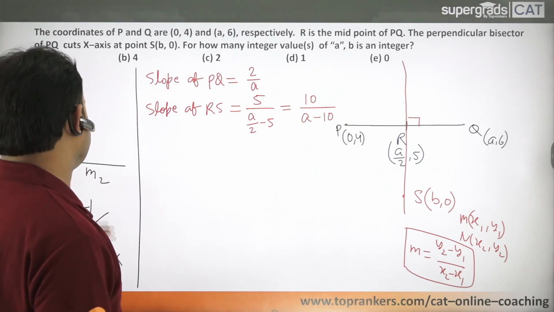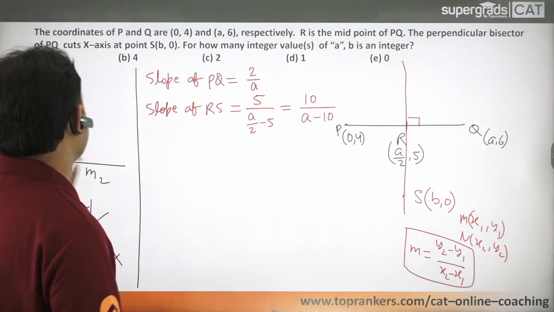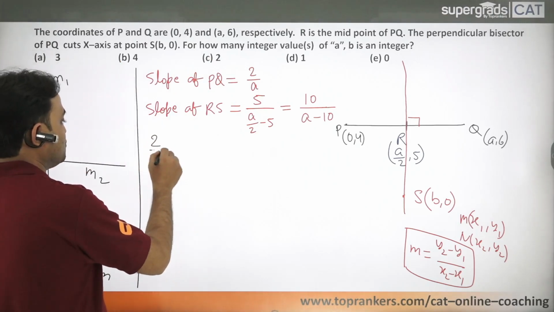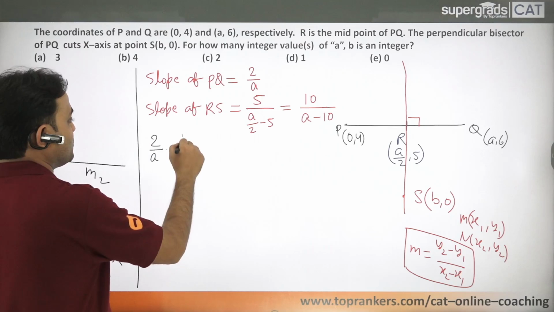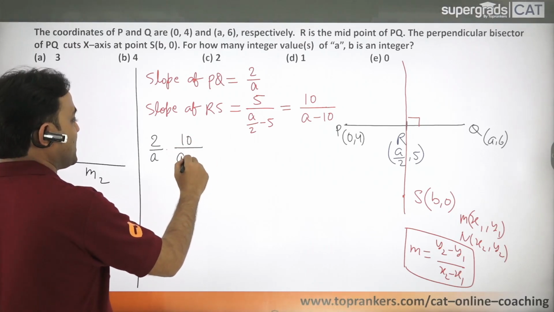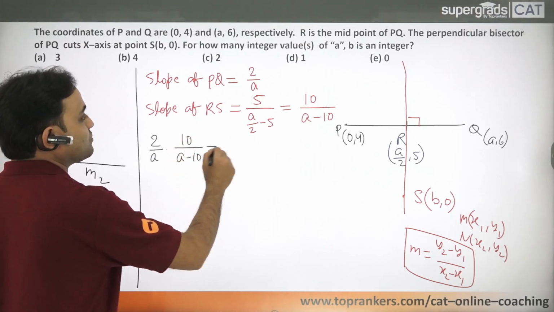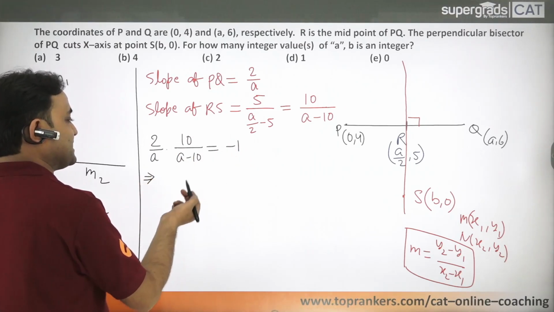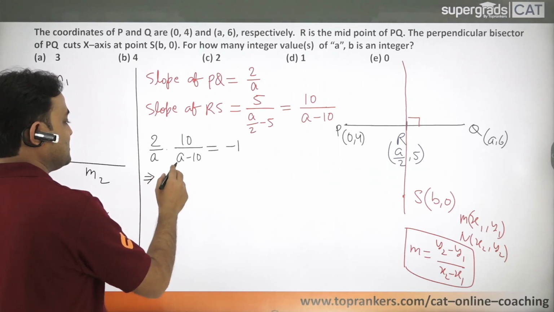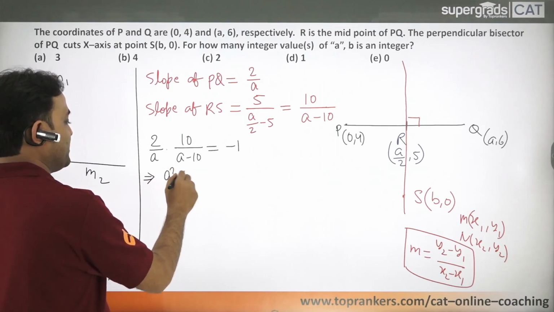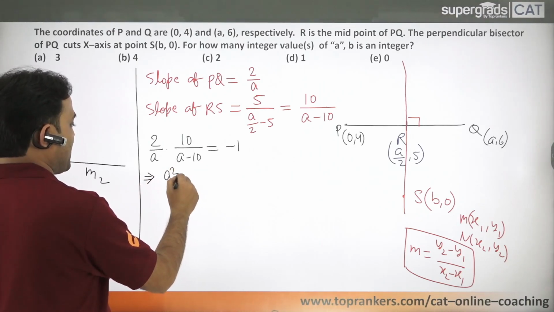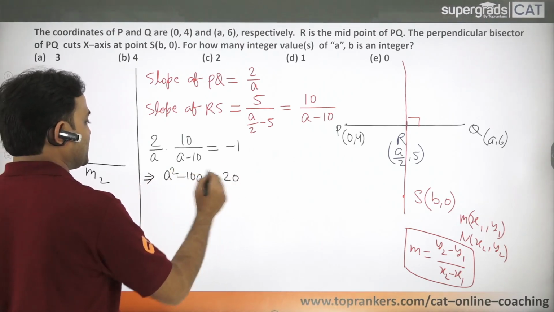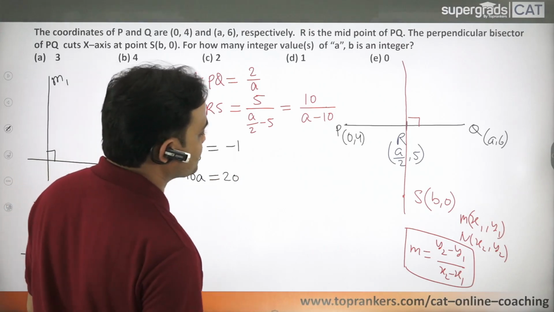Now, we know that the product of the slopes of these two lines must be minus 1. So 2 by A into 10 upon A minus 2B should be equal to minus 1. One second, where is B?